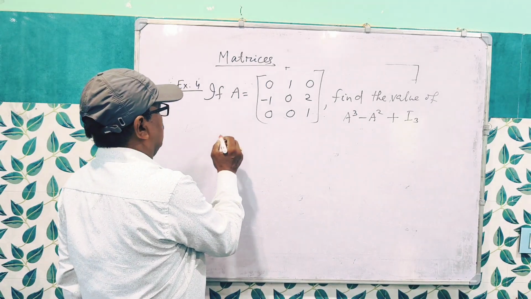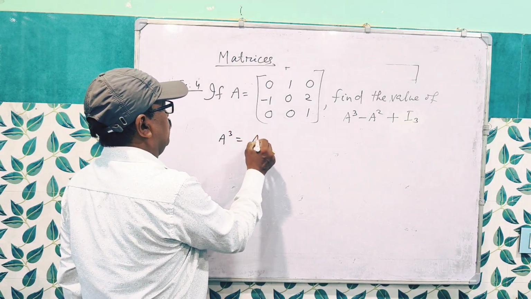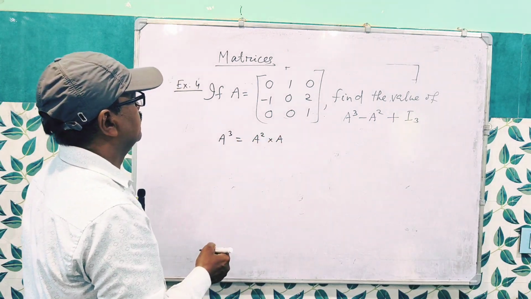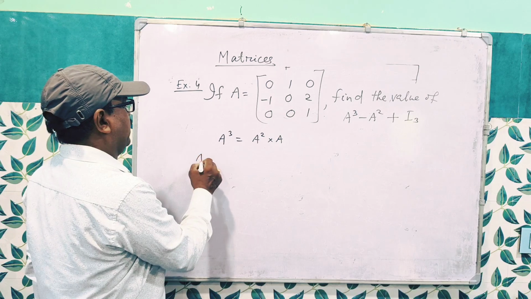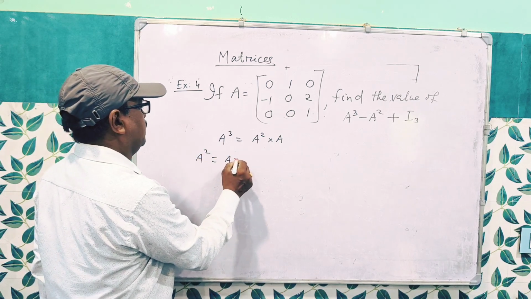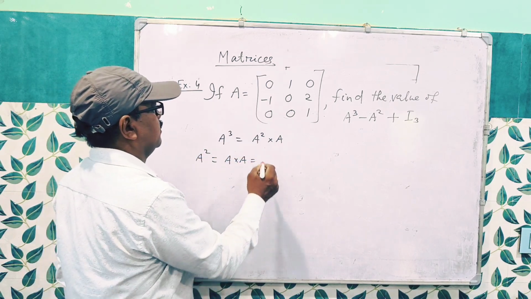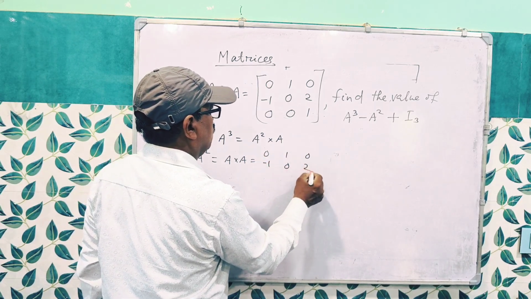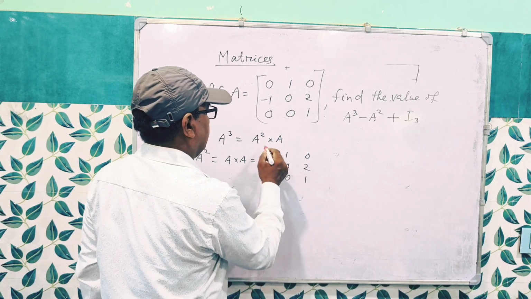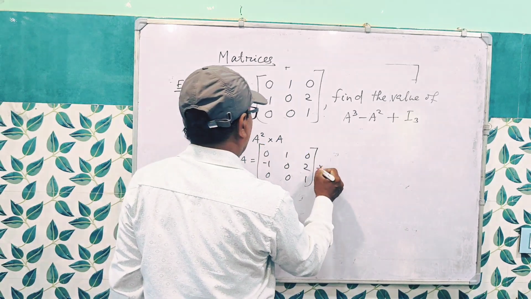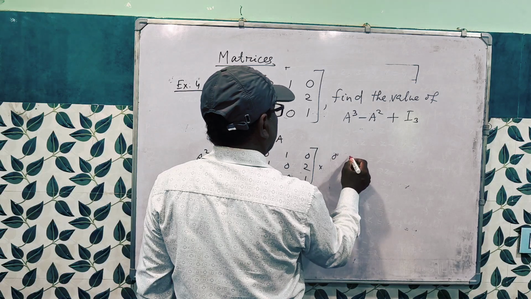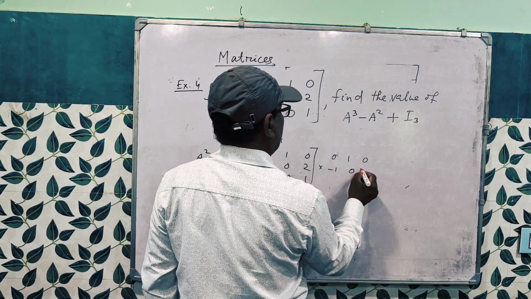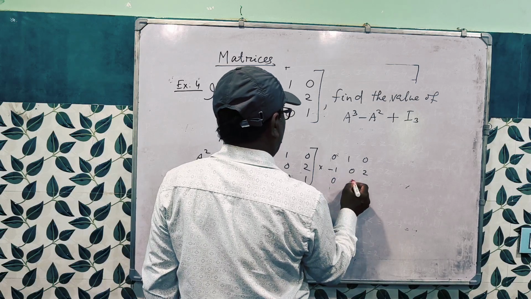Now we have A cube is equal to A square into A, and A square is equal to A into A. That is, the matrix 0, 1, 0; minus 1, 0, 2; 0, 0, 1 into the matrix 0, 1, 0; minus 1, 0, 2; 0, 0, 1.